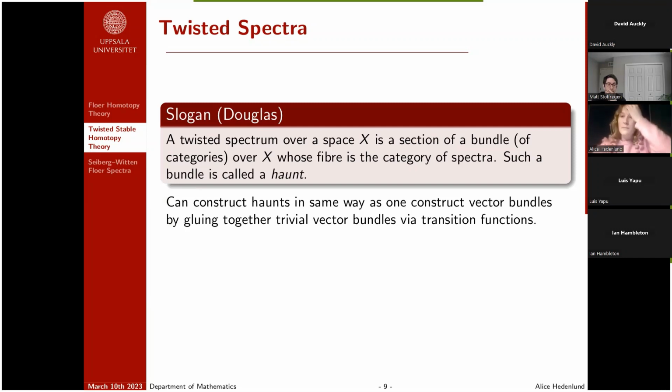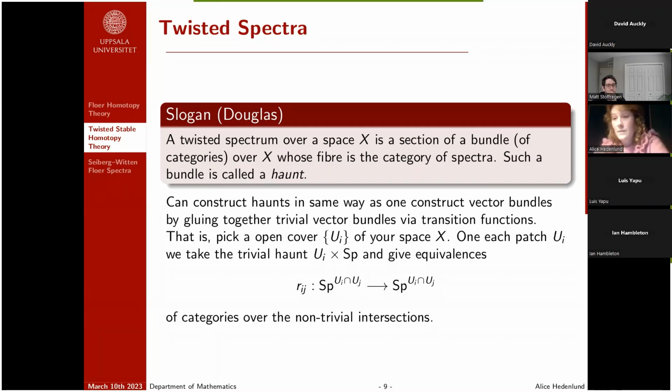And let us maybe look at one example of one of these bundles. You can construct these haunts, these line bundles of categories, in much the same way as you would construct ordinary line bundles over a space, by gluing together trivial bundles via transition functions. So I have my space, I pick an open cover of my space.